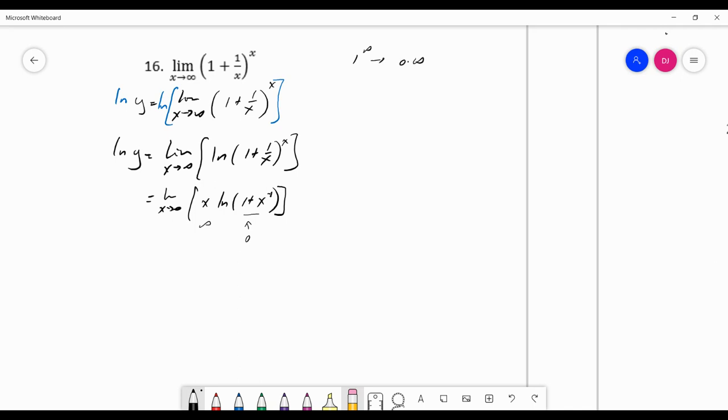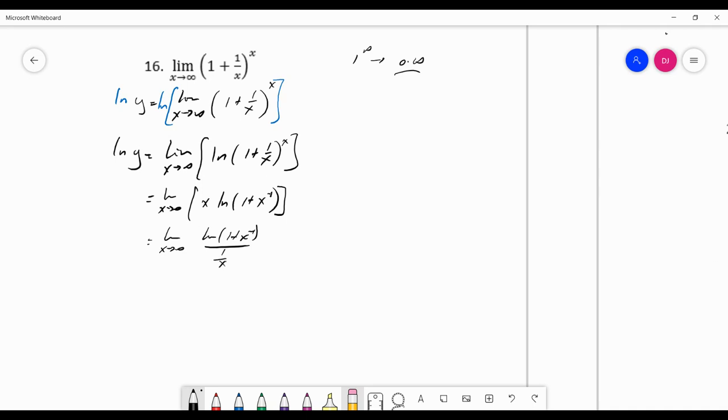Okay, so we still have that issue that we're going to need to address, but just like what we did previously in some examples, when we have 0 times infinity, a function approaching 0 times a function approaching infinity, what we're going to do is divide by 1/x.